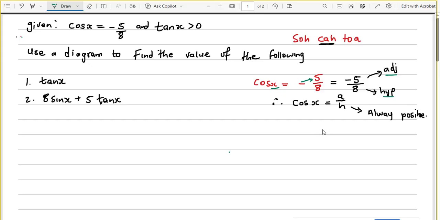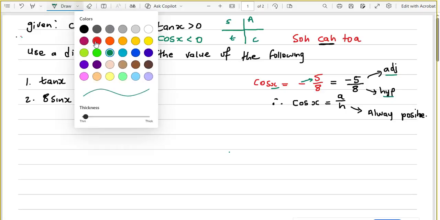The cos is -5 over 8, so cos is negative. If cos is negative, this tells you that cos x is less than 0. Then you draw the Cartesian plane and tick all the quadrants where the cos is negative.